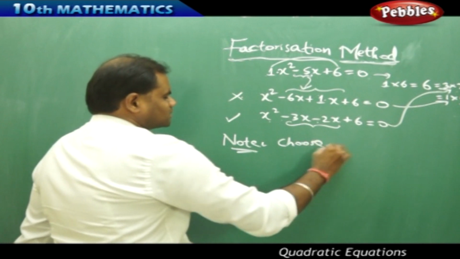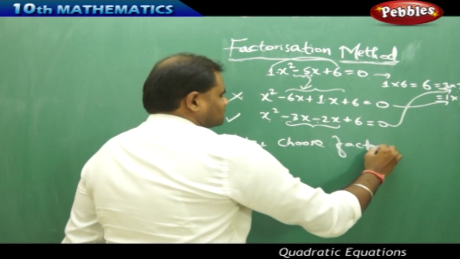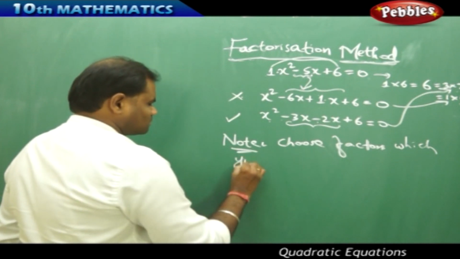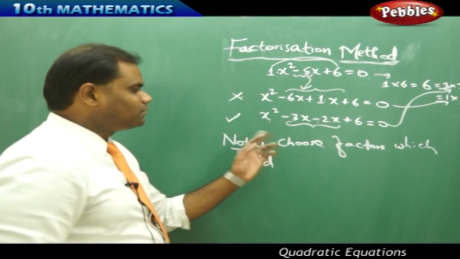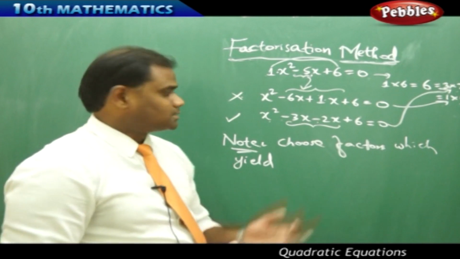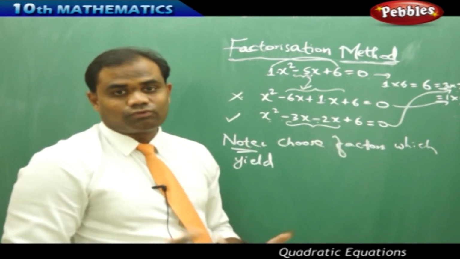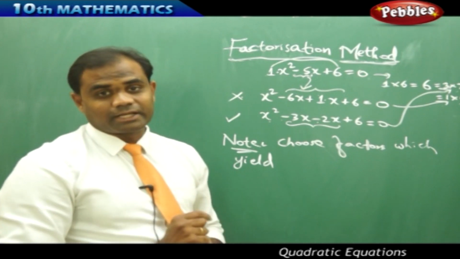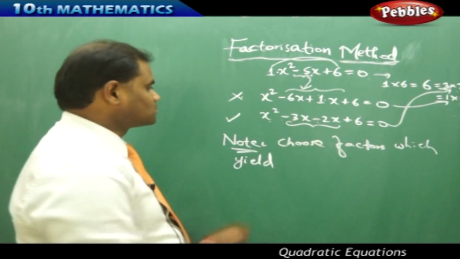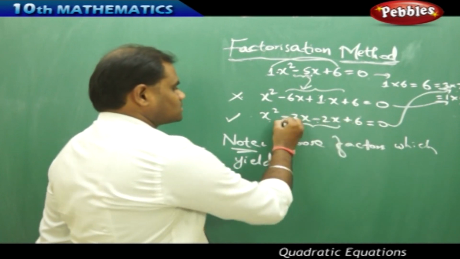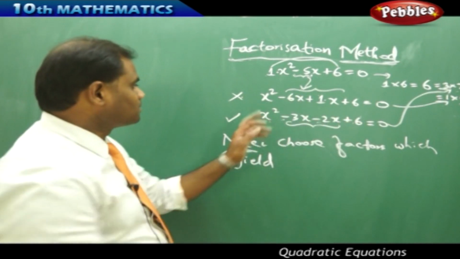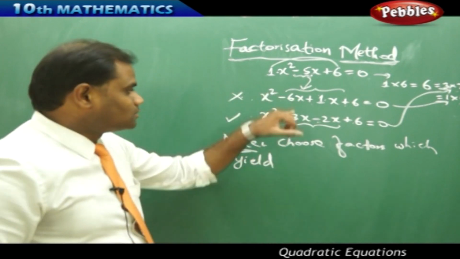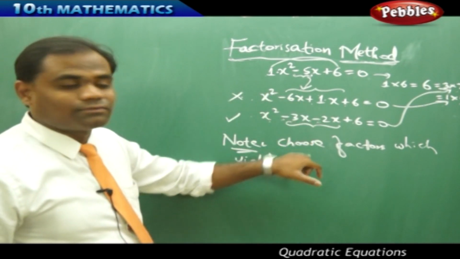Choose factors which yield even minus signs and even plus signs, that is 2 and 2, or 4 plus or 4 minus. So an even number of minus or plus signs should be there. Here there are 2 plus signs and 2 minus signs, but here there are 3 plus signs and only 1 minus sign. So this is the case of odd, and this is the case of even.